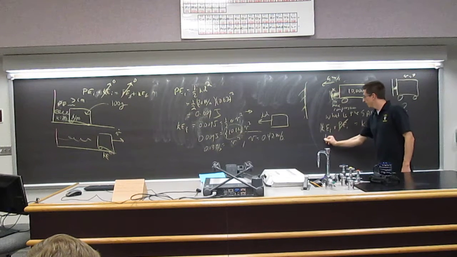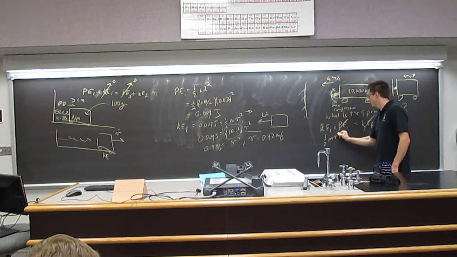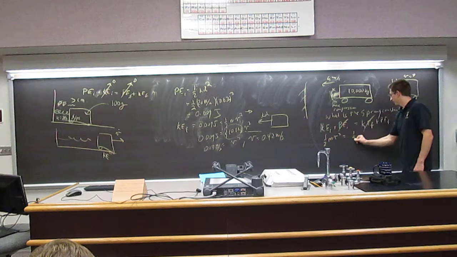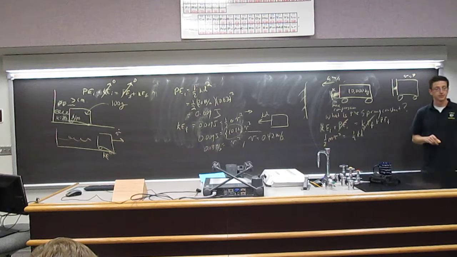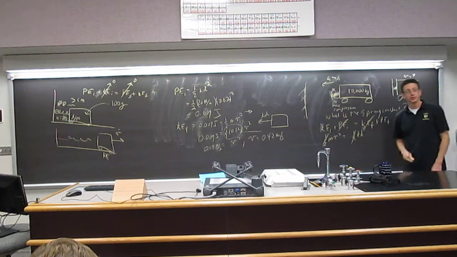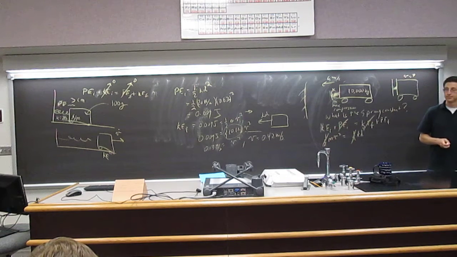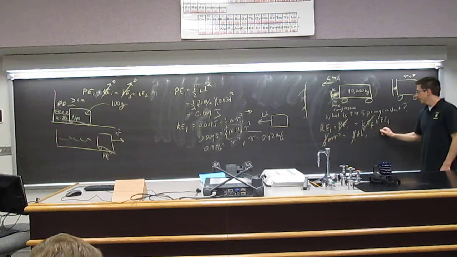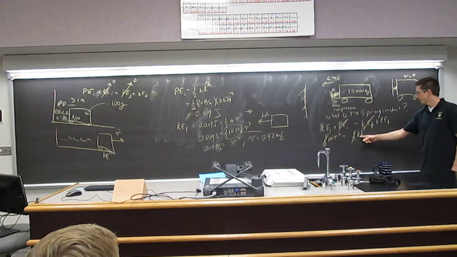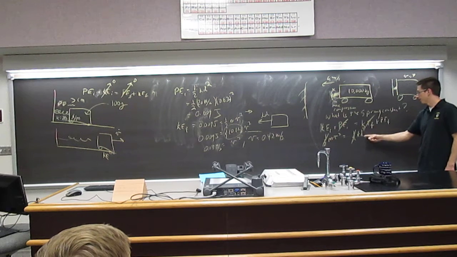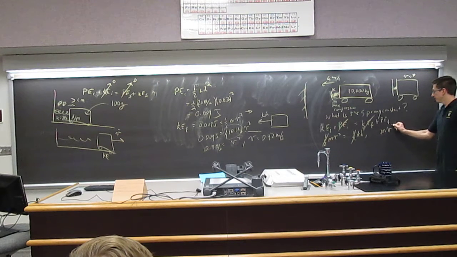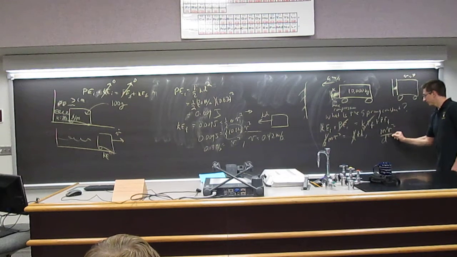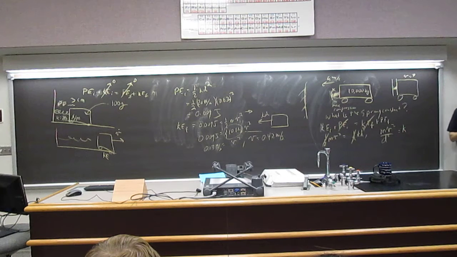And so I'm going to write 1/2 mv squared is equal to 1/2 kd squared. Get rid of those 1/2 by multiplying both sides by 2. If I want to solve for k, I'll divide both sides by d squared. So I get mv squared over d squared is equal to k, right?